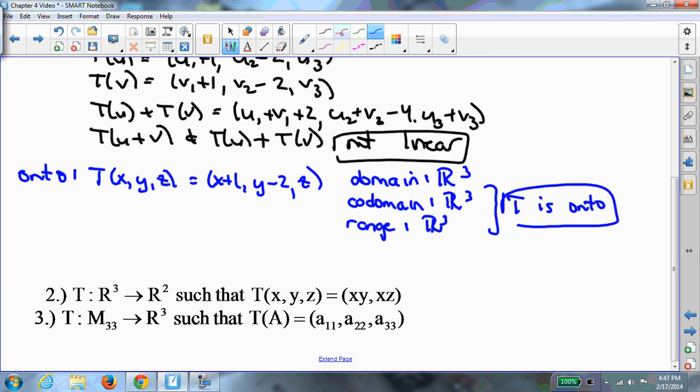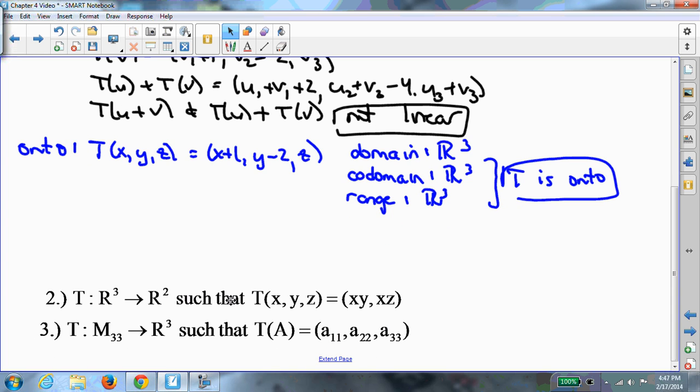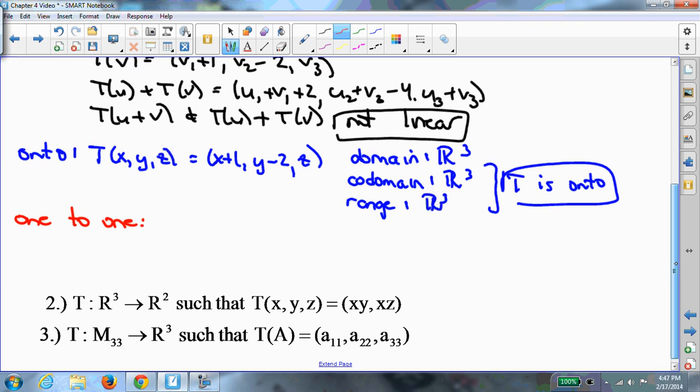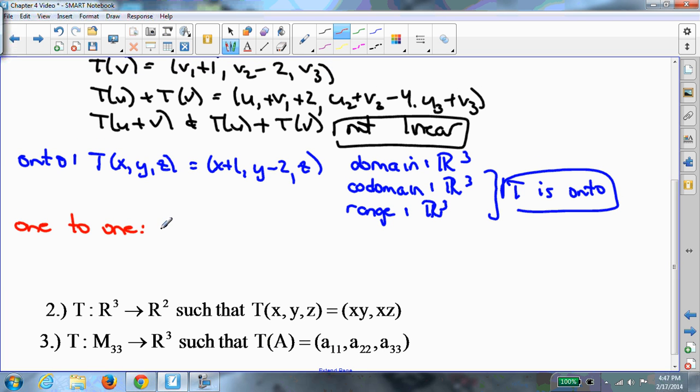Alright, then let's check the last one. Is it 1-to-1? Well, can I define an inverse function? So let's say T of x, y, z equals a, b, c, where a equals x plus 1, b equals y minus 2, and c equals z.